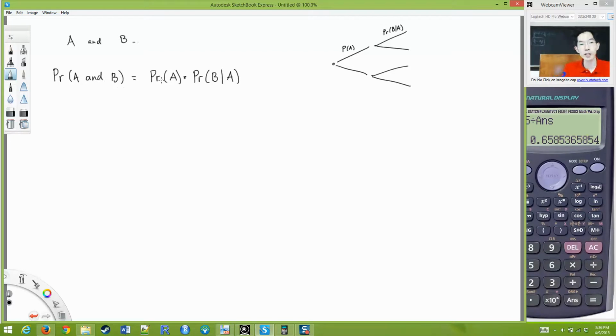So probability of A and B is the probability of A times the probability of B given A, and the labels are just arbitrary.